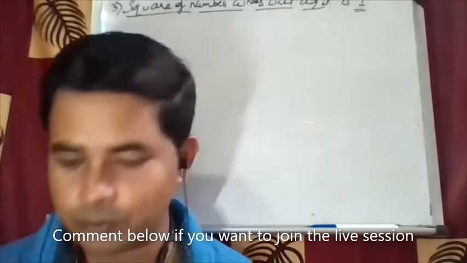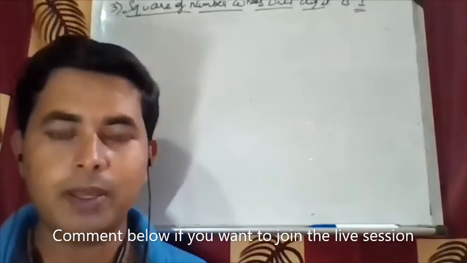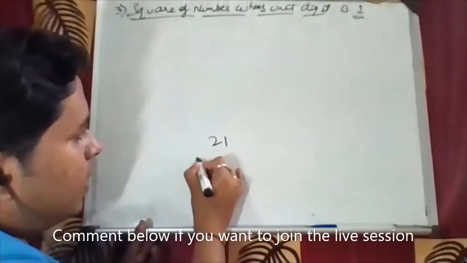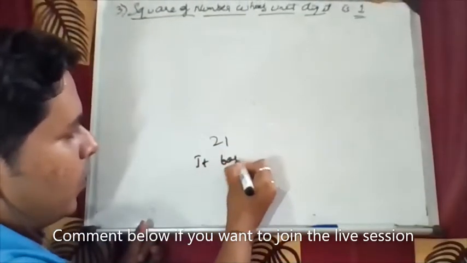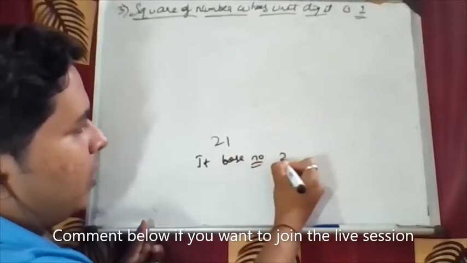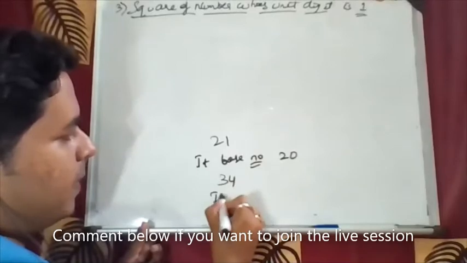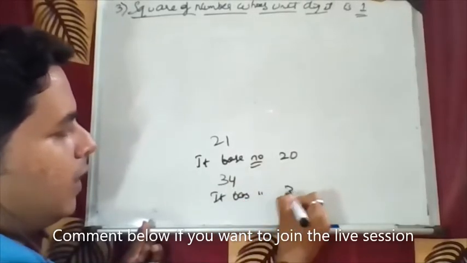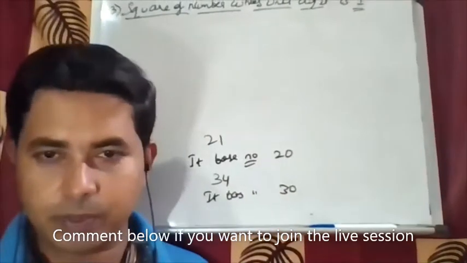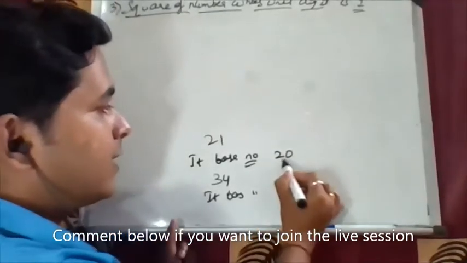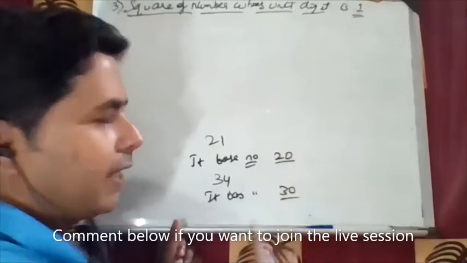And here we take one concept called base number. Suppose 21 is there, its base number will be 20. Suppose it's 34, its base number is 30. Don't get confused about why sir has taken 20 or 30.